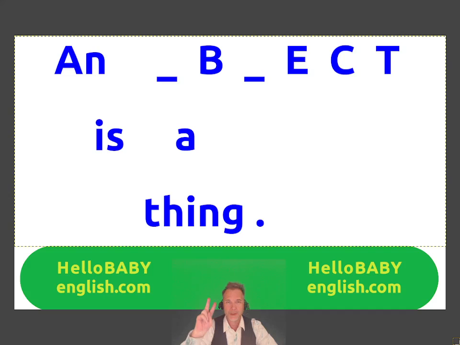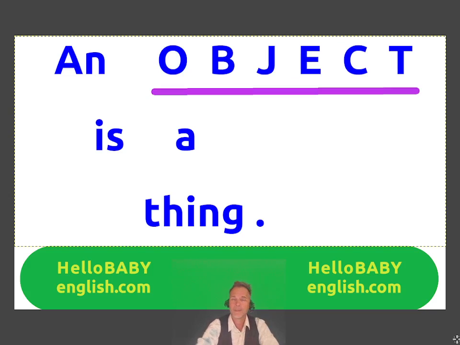This word has two meanings in English. One is a thing, just like a pen, and the other one is in grammar. If we say Bob eats rice every day, Bob is the subject and rice is the... And the second missing letter is a J. Object.